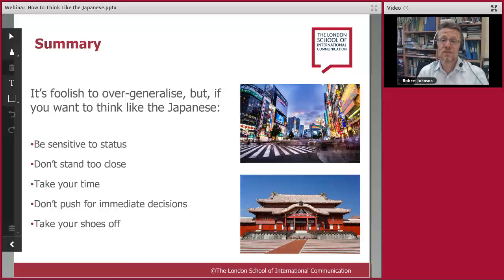As I said, it's very difficult to generalize about cultures. We need to be very careful. When you encounter people from another culture, don't assume that they are a walking stereotype. But I think it's very important when in Japan and dealing with the Japanese to, of course, be sensitive to status, and really keep your distance, show respect for, in particular, senior people, because there are, in some ways, dangers of assuming that people like informality.